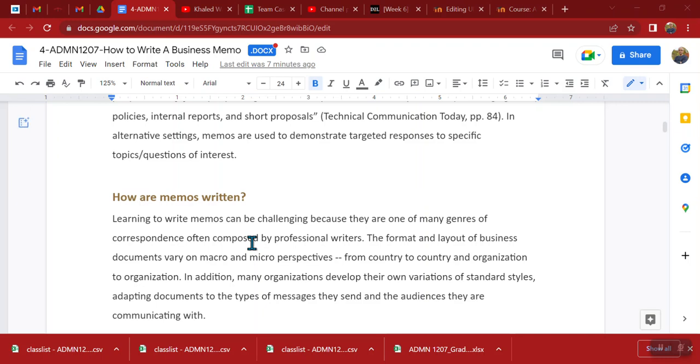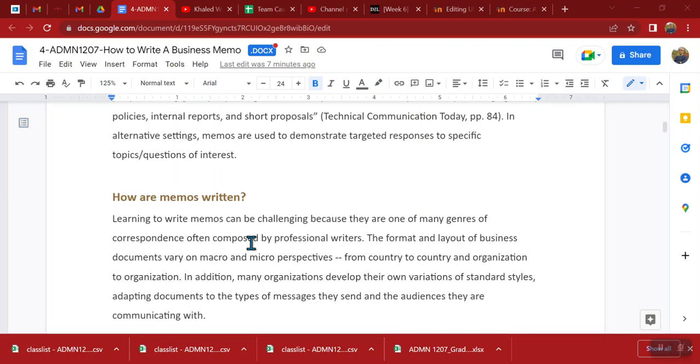So if you are in a company and you want to buy software for your department, and you ask your supervisor, the supervisor will ask you to write a memo, and in this memo you have to explain why you need this software, how much it costs, and what could be the benefit of this software. Whether you want to buy software, or equipment, or even a computer, something like that.